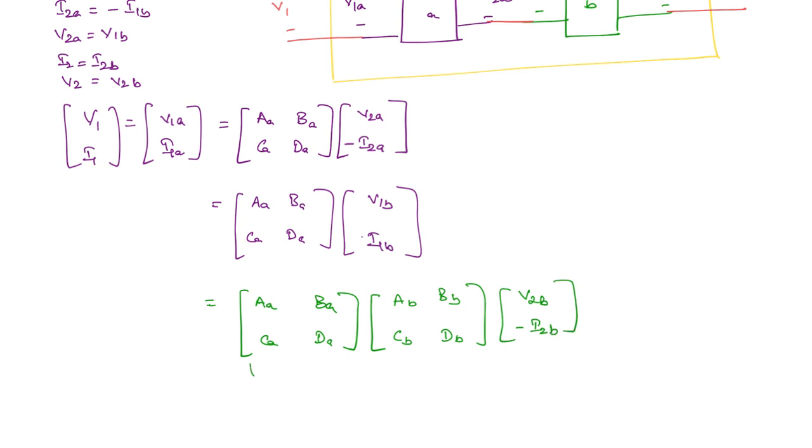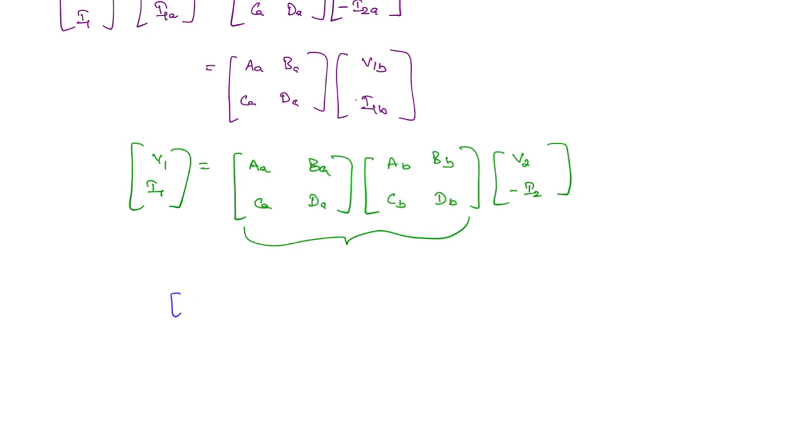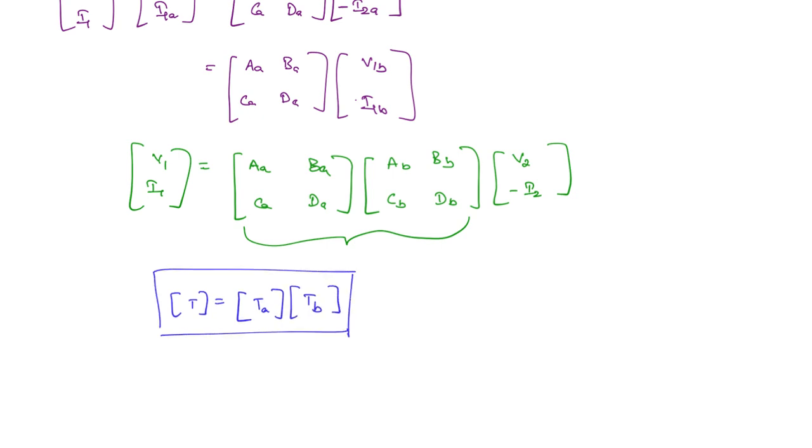So you can see that this is the equivalent parameters. So this is V1 and I1, and similarly V2B is nothing but V2, and minus I2B you can write as minus I2. Okay. So in a cascade connection, what is going to happen? The equivalent transmission parameters you can get by the product of the individual transmission parameters. This is for the cascade connection.